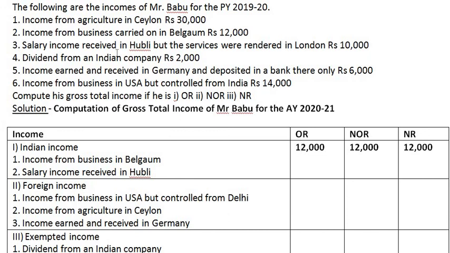Next is salary income received in Hubli but services were rendered in London. Any income that is received in India is Indian income. Therefore, salary income received in Hubli, that is in India, we consider as Indian income, and 10,000 rupees we take in all the 3 columns.